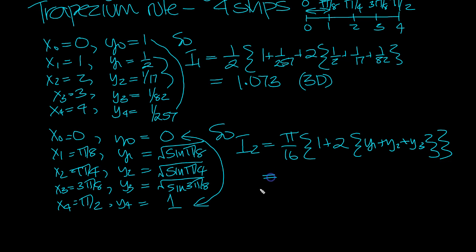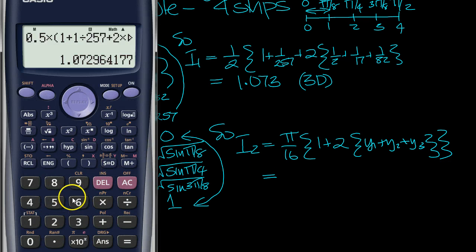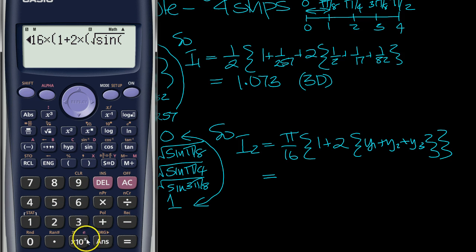So that's equal to then, let's do the calculations. Pi over 16 times bracket 1 plus 2 times bracket. Now we've got to put these things in. Square root of sine. We need to be in radians mode. Pi divided by 8 outside the sine and outside the square root.